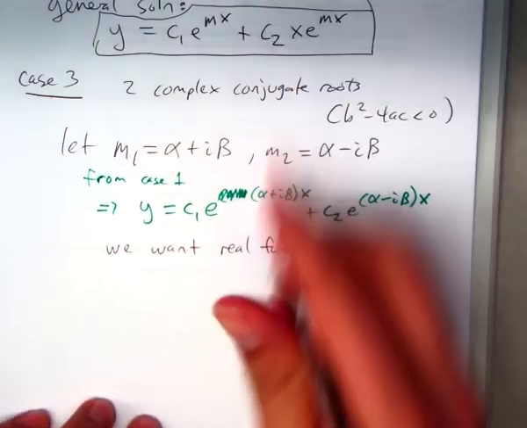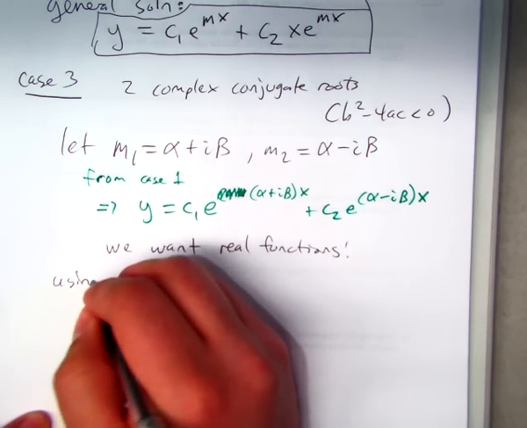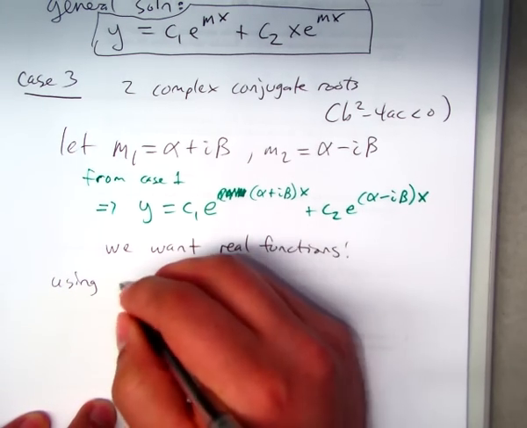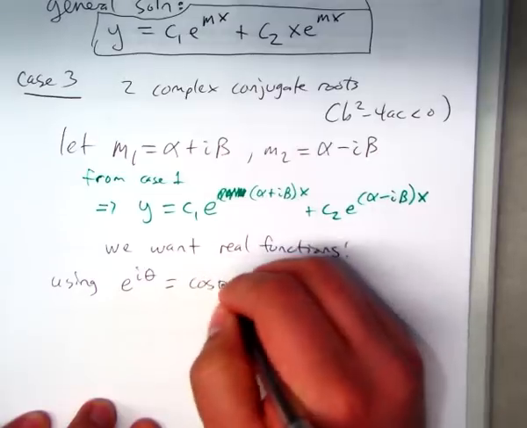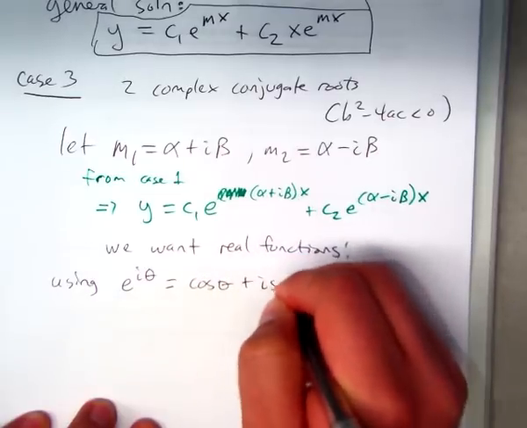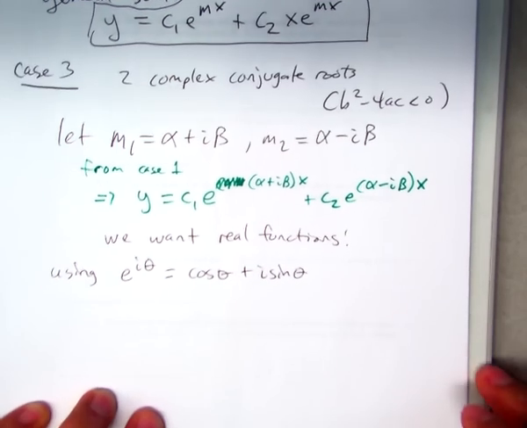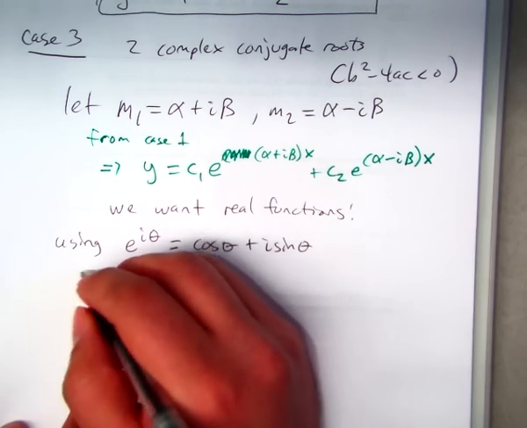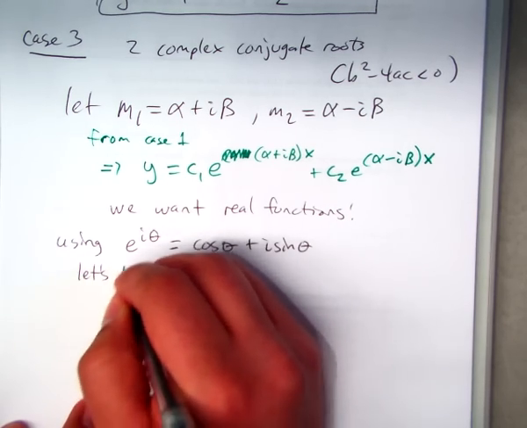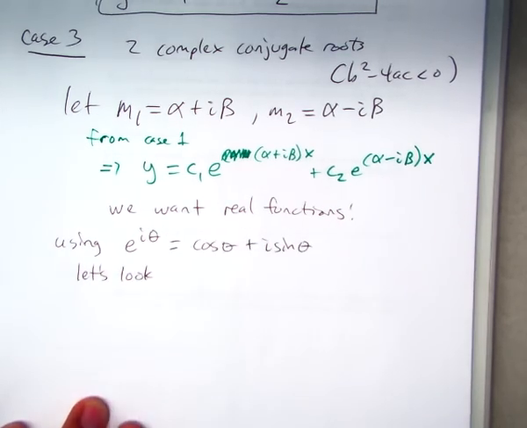And now here's where we're going to use Euler's identity, Euler's formula, using the fact that e to the i times theta is cosine theta plus i sine theta. We're going to look at the imaginary part of the exponent only.